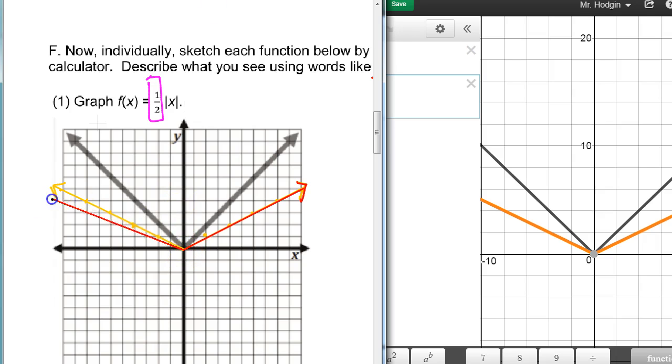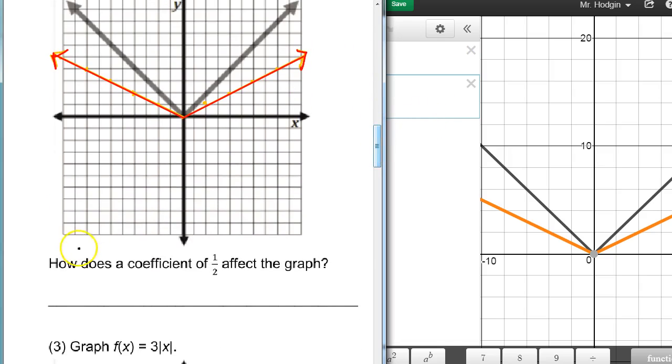Yeah, it's wider. So down below, using some words, you can say something like the graph is wider. Some sort of adjective, just describing how it's different. We know with the 1/2 it makes it wider.